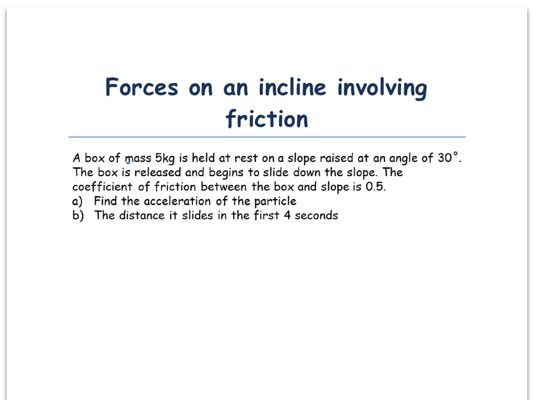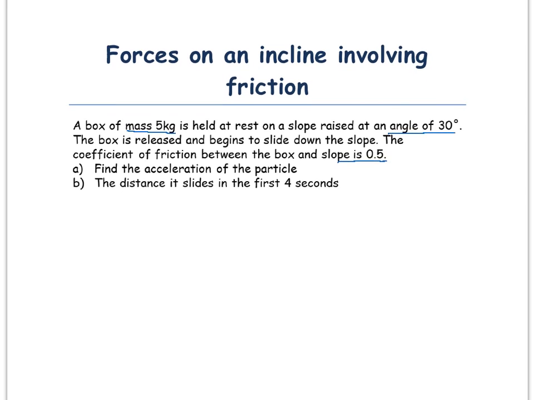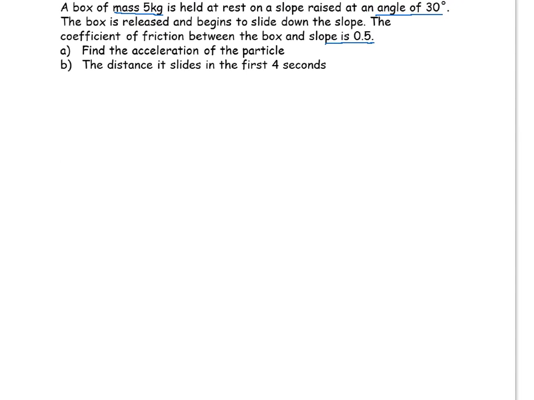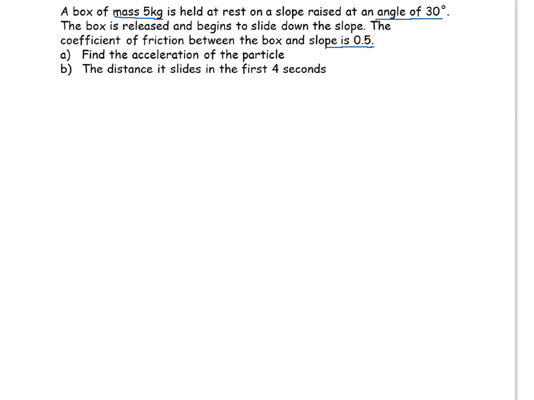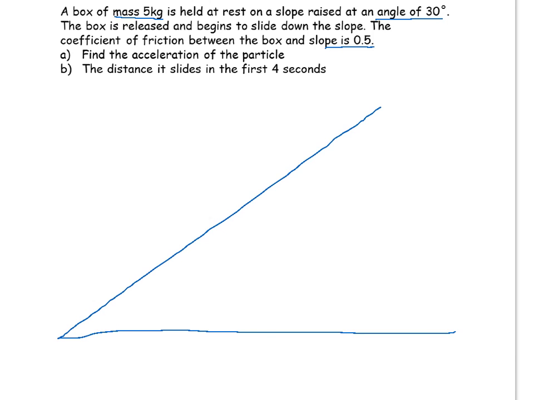So we've got the mass, we've got the angle, and we also know the coefficient of friction. Now I can use this information to draw a clear diagram to represent this question. These diagrams need to be quite large and highlight all the forces and in which direction. So firstly, we've got our slope, which we're told is at an angle of 30 degrees.